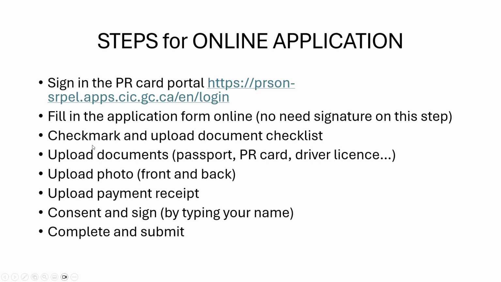Then you check mark and upload the document checklist, and then upload the documents like the passport, the PR card, the driver's license, the primary ID and secondary ID. You upload the photo and the receipt, and then you consent and sign by typing your name. After completing all of those steps, you submit. So please stay with me for now, and I will sign in to the PR card portal, and we can work from there.